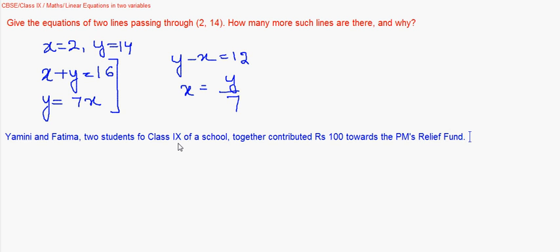We have to write a linear equation which satisfies this data.